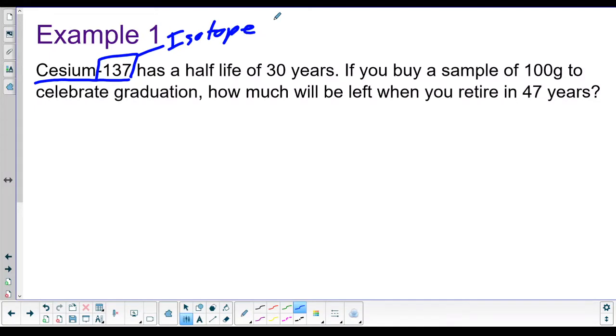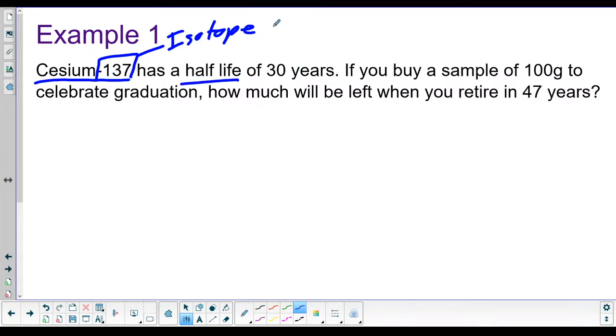The element is determined by the number of protons, but some elements can have different numbers of neutrons stuck in the nucleus with it, and that vastly changes the properties of that material. So when we say cesium-137, this is the atomic mass, meaning there's 137 things in the nucleus. So that's what that means, in case you care.